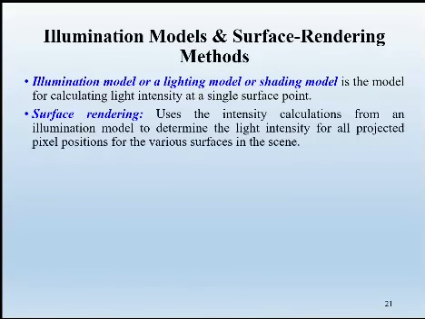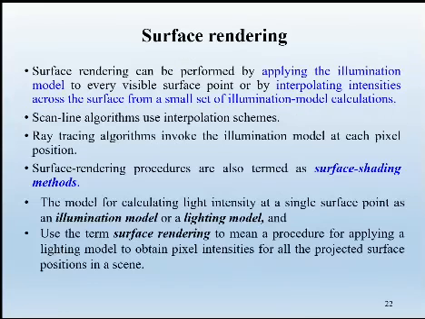Now, the illumination model and surface rendering. We have already seen the definition, but we repeat it again. The illumination model is also known as the lighting model or shading model. It is used to find out the light intensity at a particular point. Surface rendering means using this intensity calculation to find out the intensity of all pixel positions for the various surfaces in the scene.